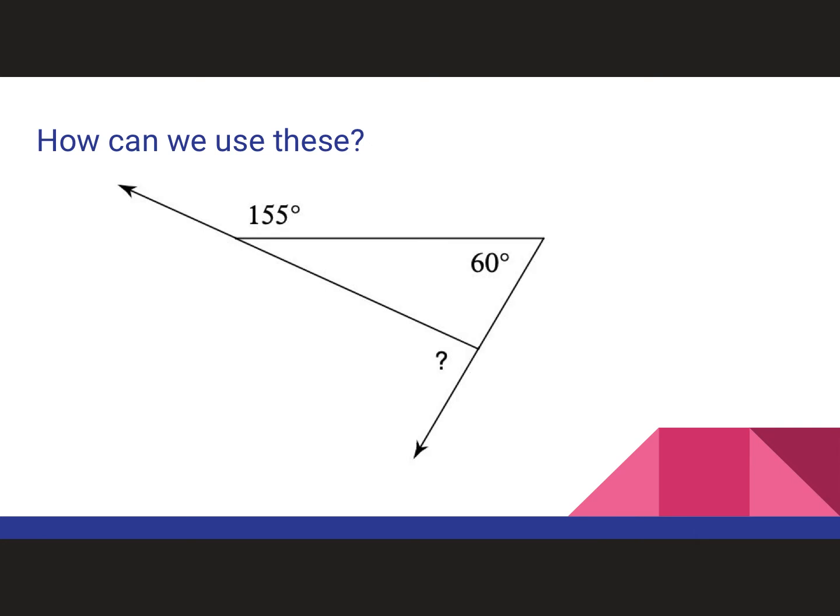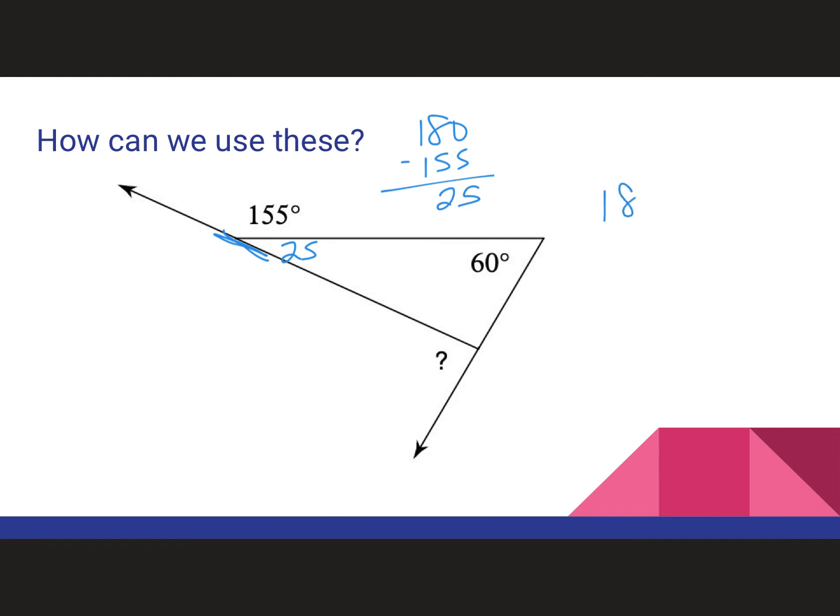Let's try this next one. I've got another one where I have to find the missing angle. So here, these two make a line. So 180 minus 155 gives me 25. So this is 25 degrees. So now I'm going to add 25 and 60 is 85.